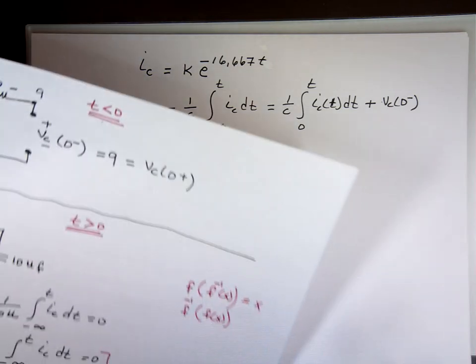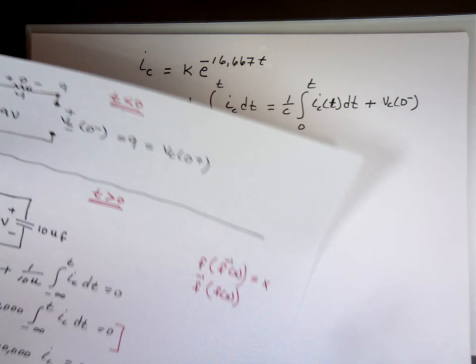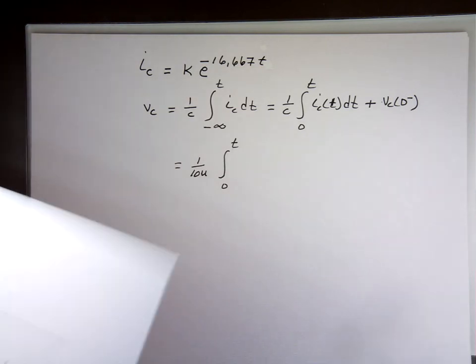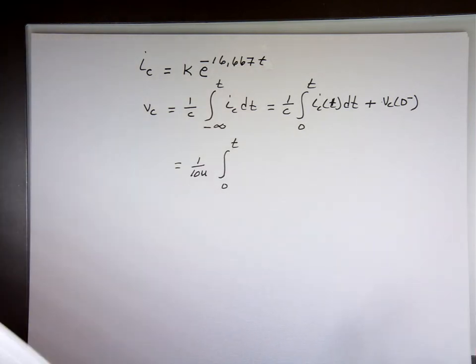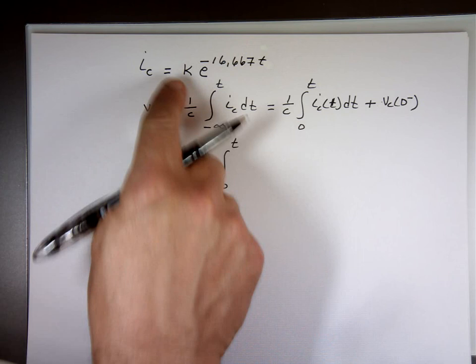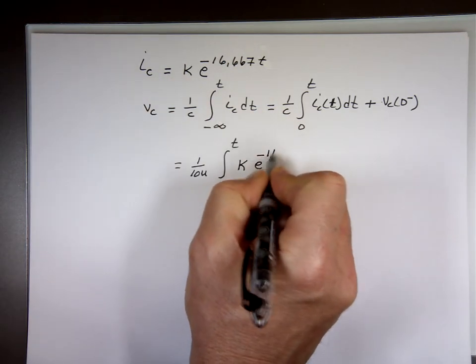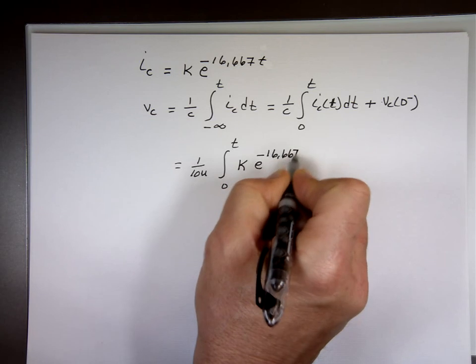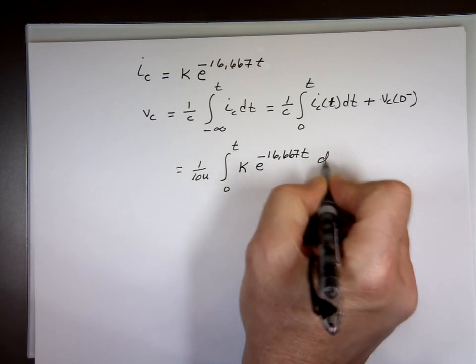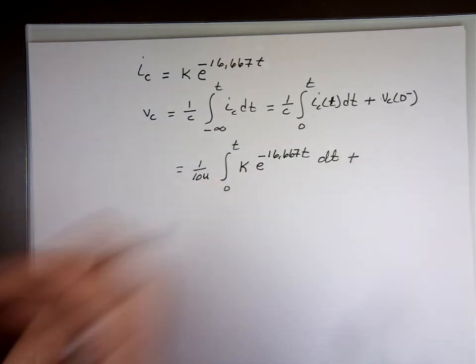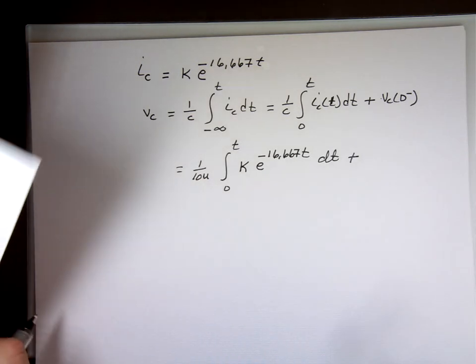Where did I put it? Oh, right here. K e to the negative 16,667t dt plus the initial voltage at 0 minus, whatever it was.